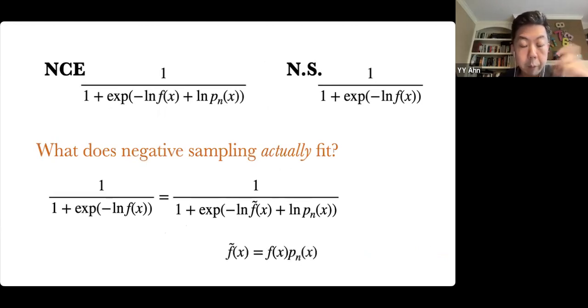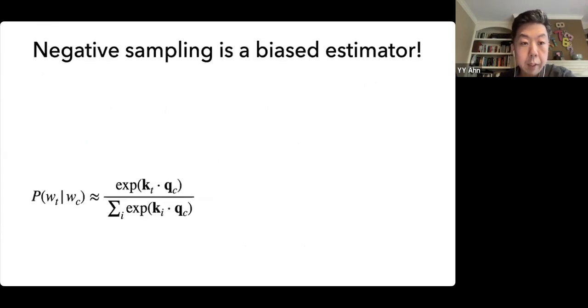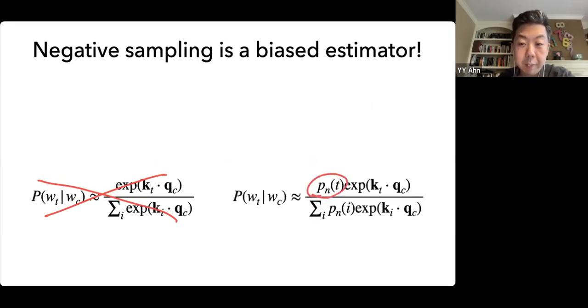By simple rewriting, what we get is that negative sampling is a biased estimator, and it's not actually estimating this softmax function. Instead, it estimates a softmax function weighted with the noise distribution. It was interesting to find this implicit bias in negative sampling.